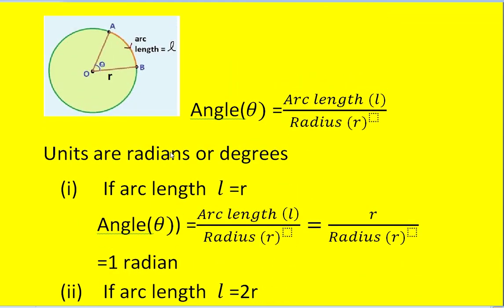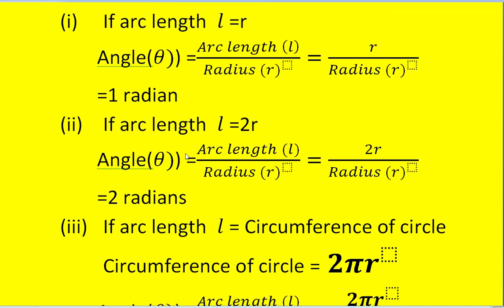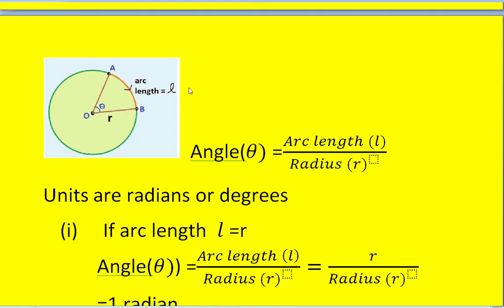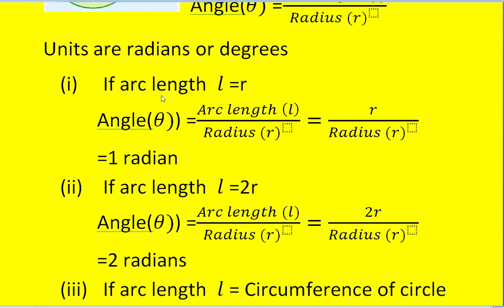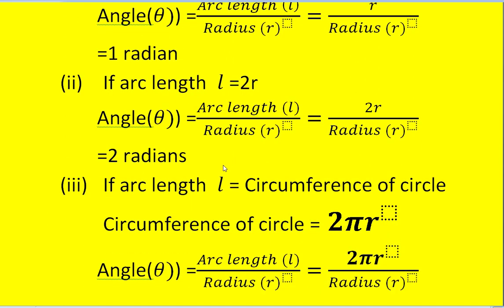Suppose this arc length is equal to the circumference of the circle. This is the circle, and circumference means the periphery length of the circle. We know the circumference of the circle is 2 pi r.